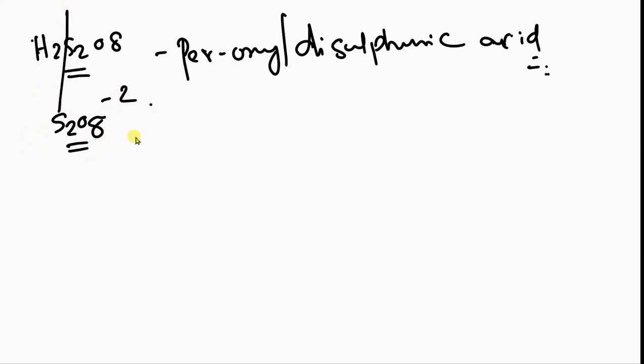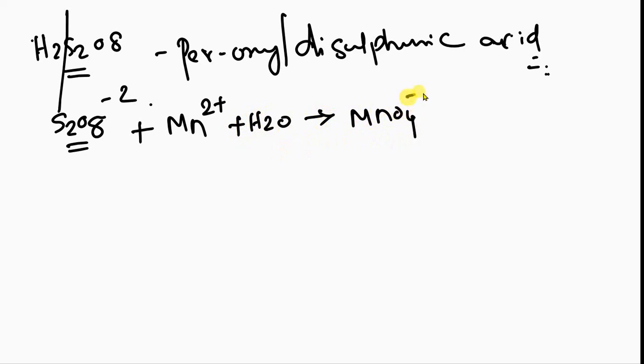So this, when treated with Mn2 plus, Mn2 plus with water, it gives MnO4 minus plus H plus.